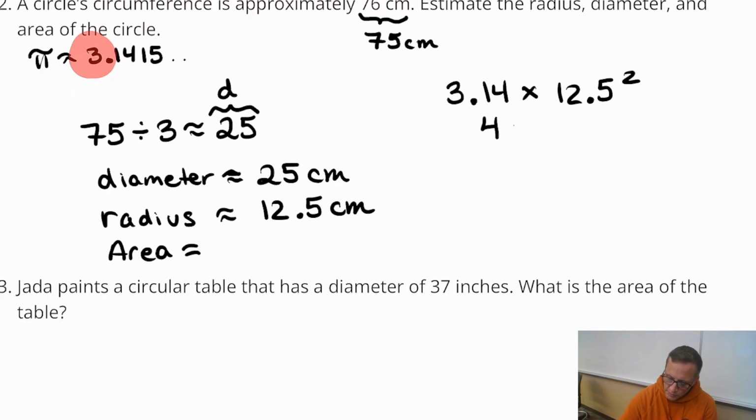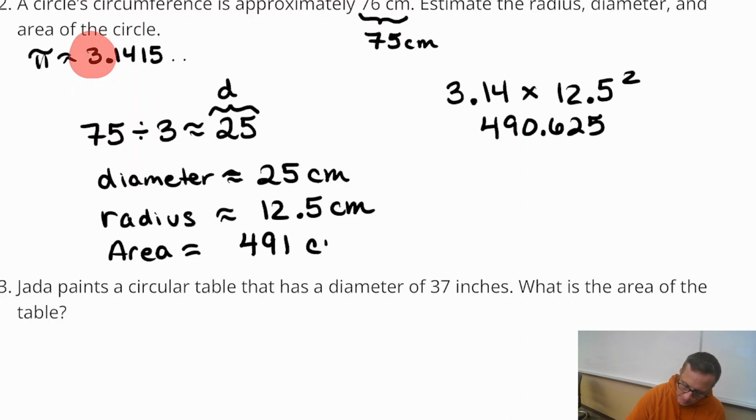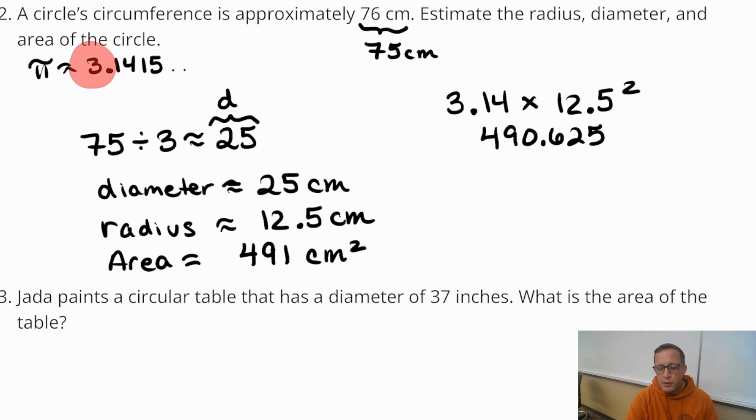And that comes out to 490.625. So if we're just rounding this, we can say the area is around 491. I'm just rounding that up. And that's always square units, right? Square centimeters for that.